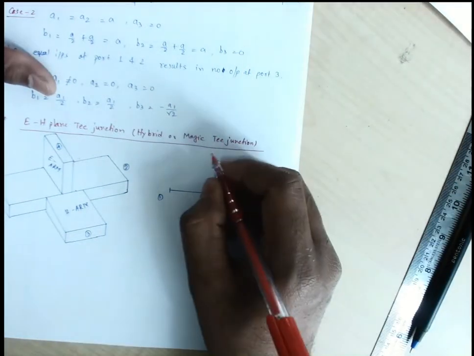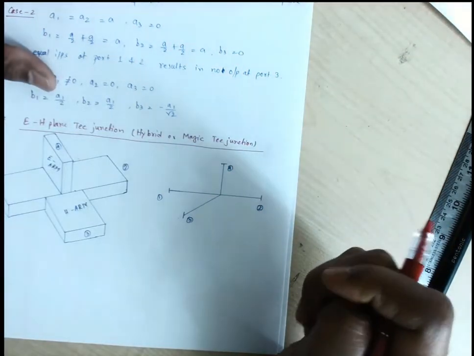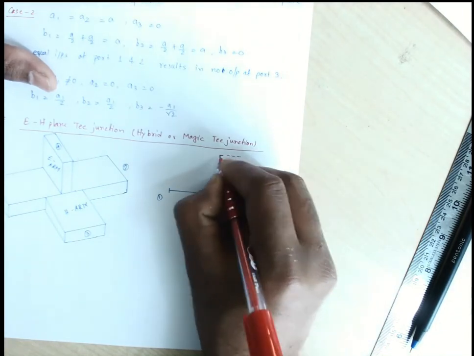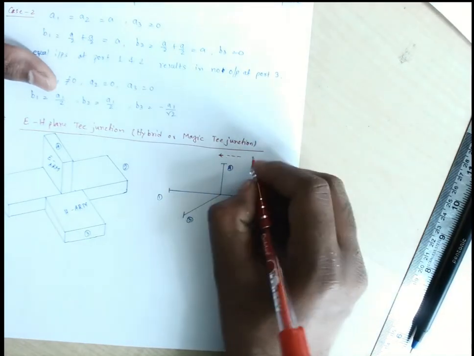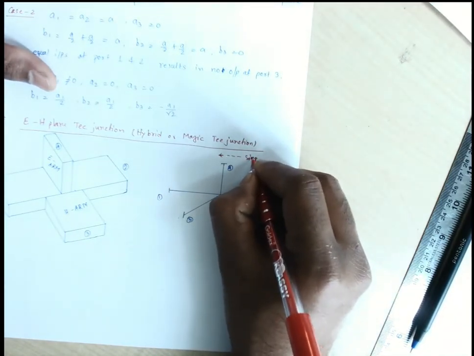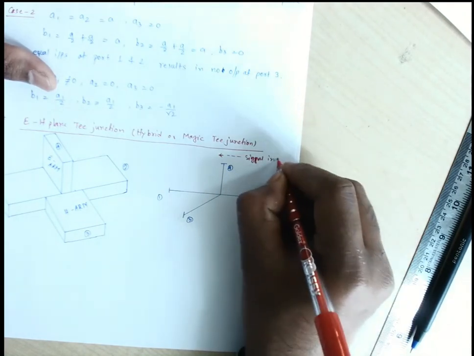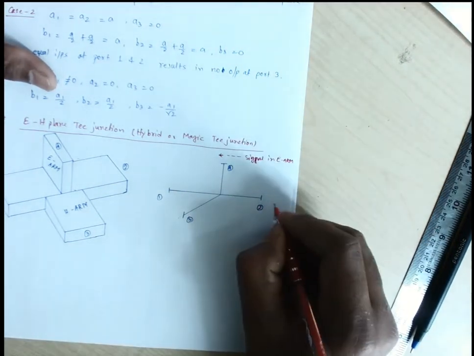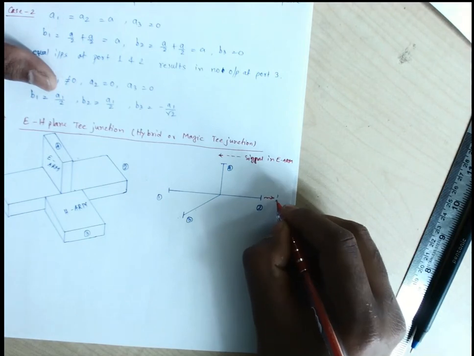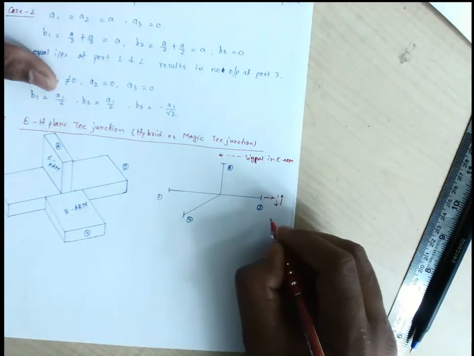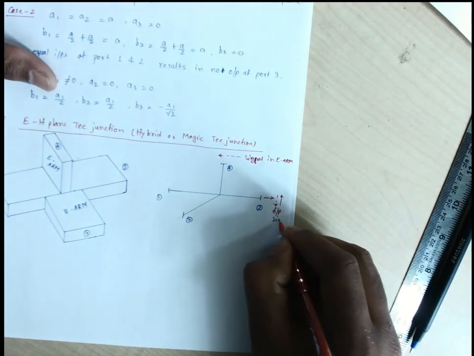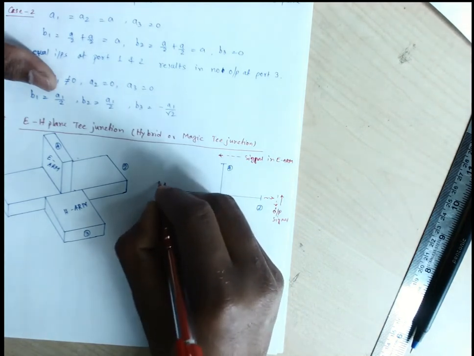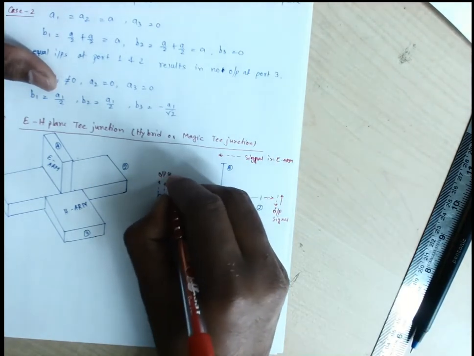Okay, so you are supposed to have the signal in E arm, this is supposed to have the output signal, it is also your output signal.